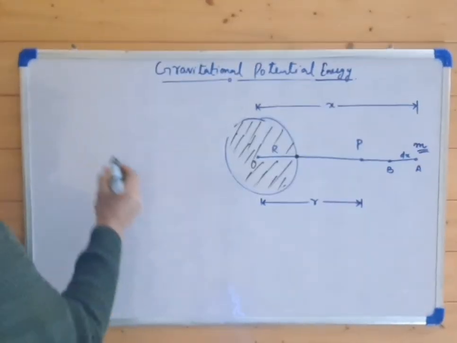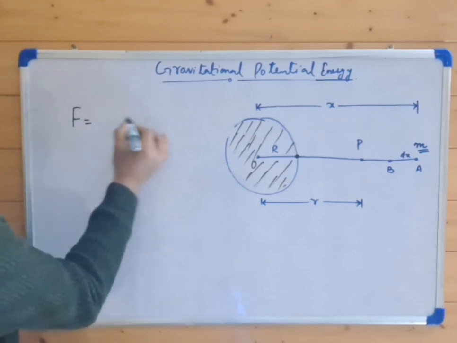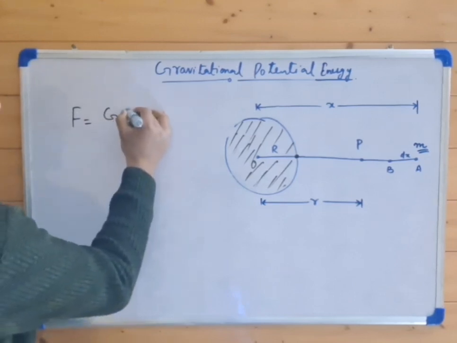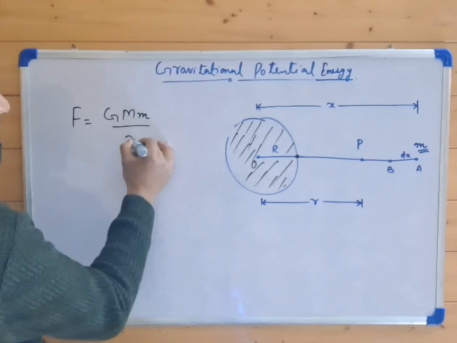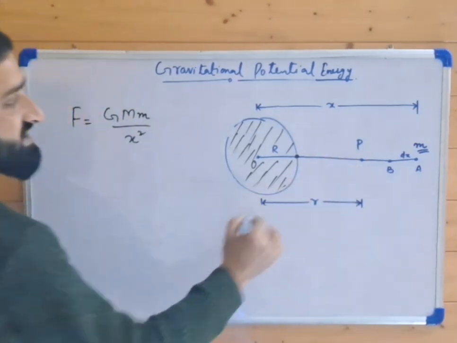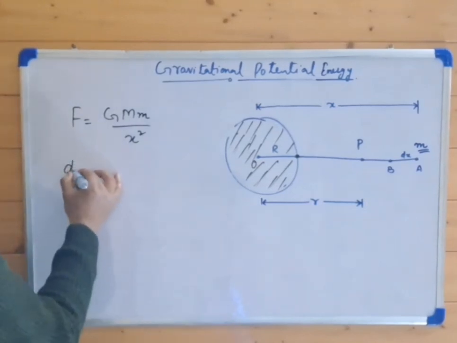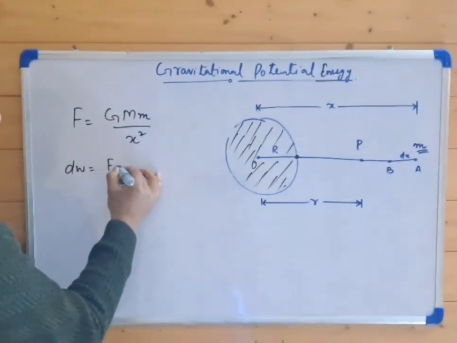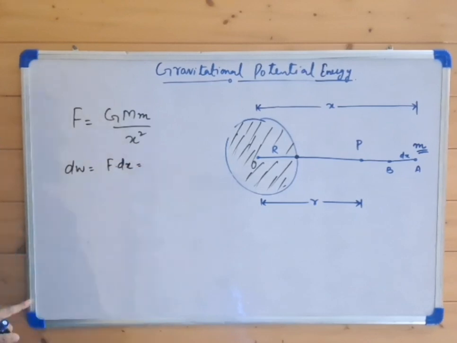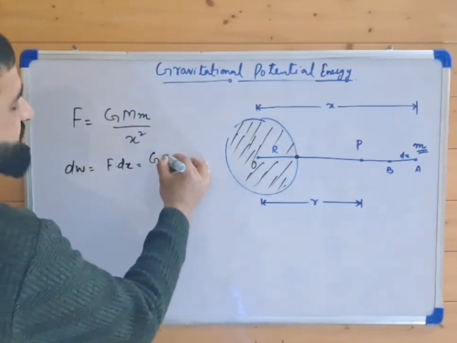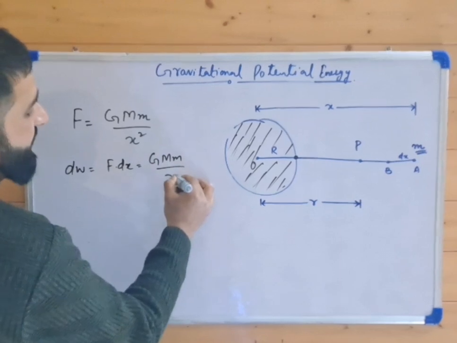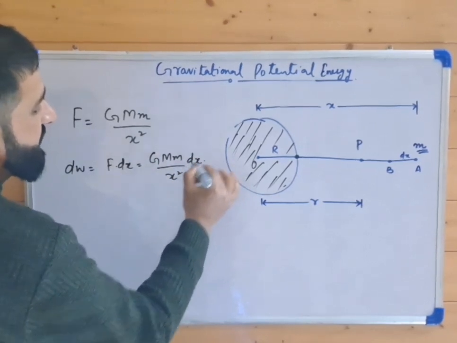Now the gravitational force on the mass m will be equal to GMm divided by x squared, because it is at a distance of x from the center. The small amount of work done, if it is displaced from A to B by a small distance of dx, is GMm by x squared into dx.